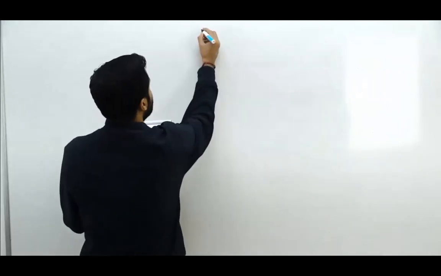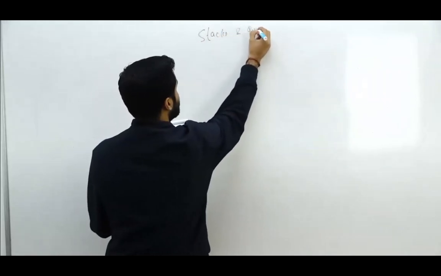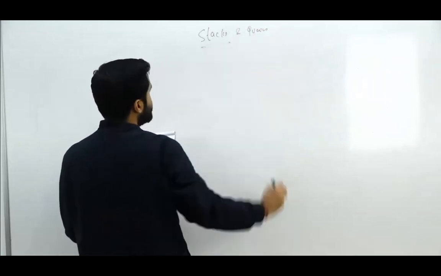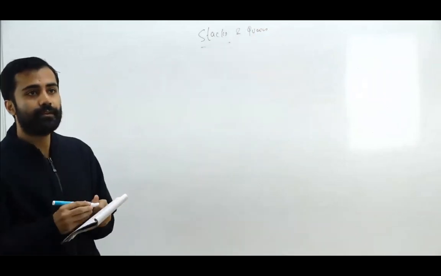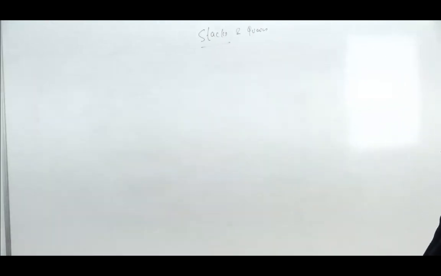Today, I want to talk about a very simple but very useful data structure called stacks and queues. Among these, I'll start with stacks. So tell me, what is a stack? Define it yourself. Okay, most of you are saying LIFO.